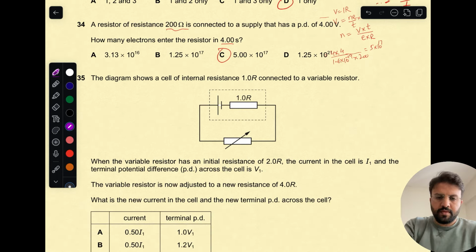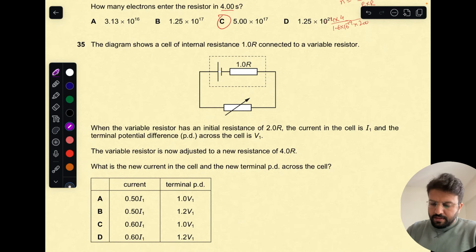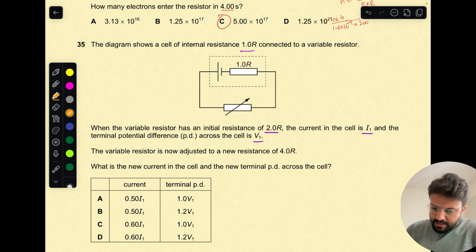Okay, so let's move on to question 35. The diagram shows a cell of internal resistance 1R connected to a variable resistor. When the variable resistor has a resistance of 2R, the current is I1 and the terminal potential difference across the cell is V1.